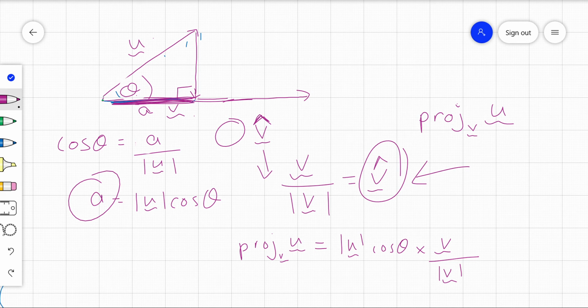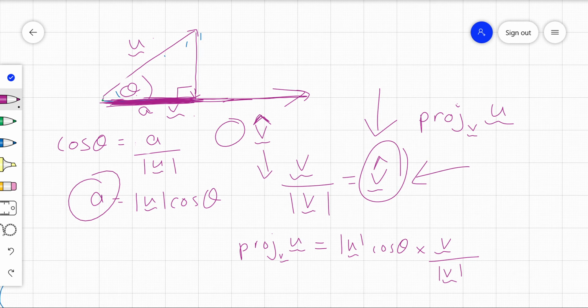I know I want some scalar of vector v. So it's in the direction of vector v, but I don't know its length. So I make vector v into a unit vector, and I put a scalar in front of it. What scalar do I want? Whatever this length is. How do I find that length? I just use right angle trig. But remember, when you do that, you're using distances.